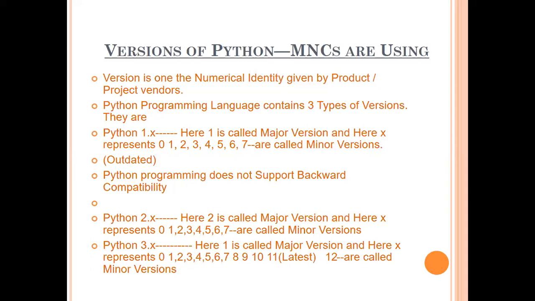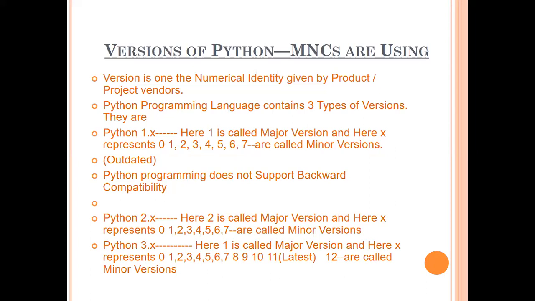So nowadays, the latest version going ahead is 3.11. Earlier, 3.10 was the latest version, and nowadays 3.11 is. Here 11 means the minor version, and 3 is the major version.